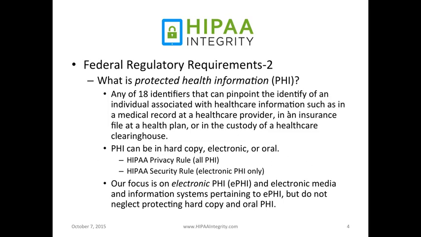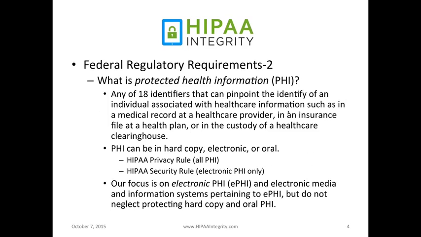Protected Health Information, PHI, is comprised of 18 identifiers of a demographic nature that apply to medical records of any type. These are names, dates, addresses, other information that would lead to the identity of a patient or dependents.